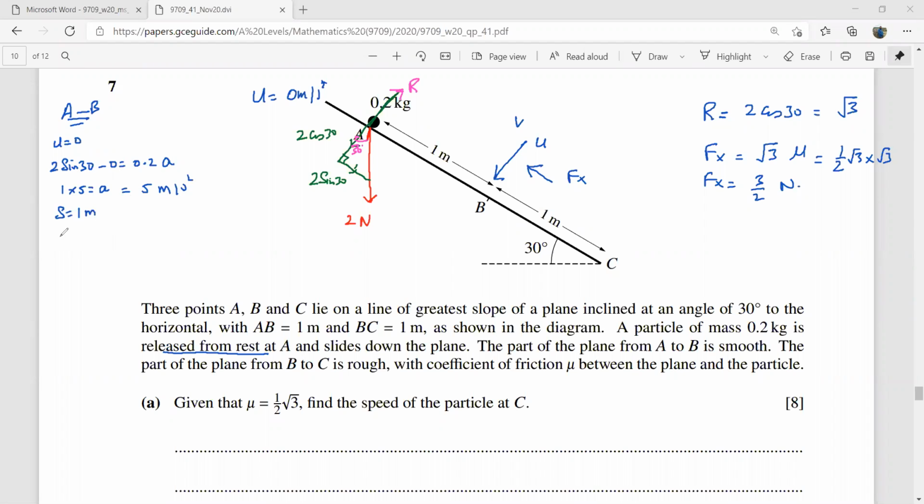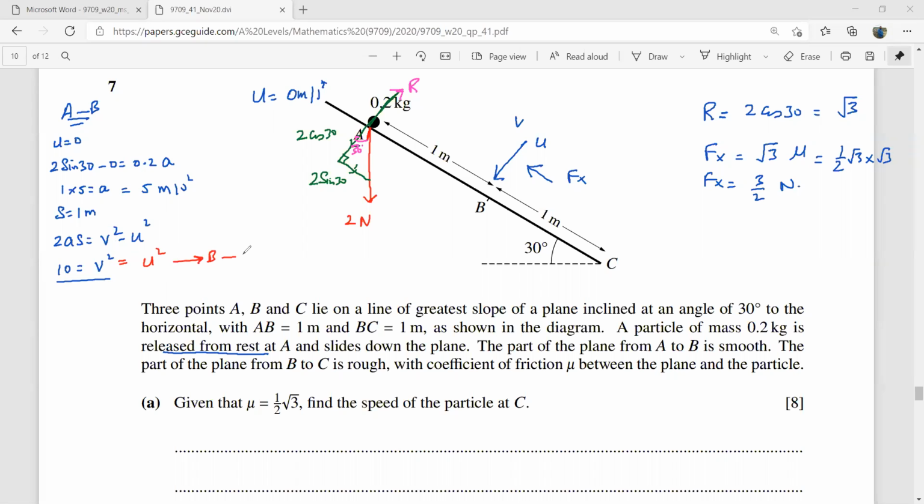We have to find the final speed. So this is going to be 2as, that is v squared minus u squared. So 2 into 1 into 5, that is 10, that is v squared minus 0. So let's keep it v squared, and this v squared is going to be equal to the u squared for the part from B to C.